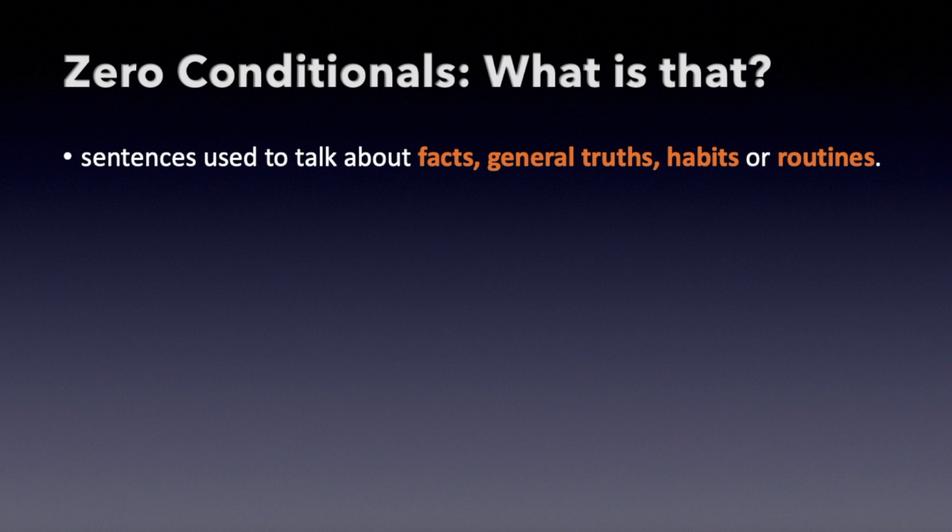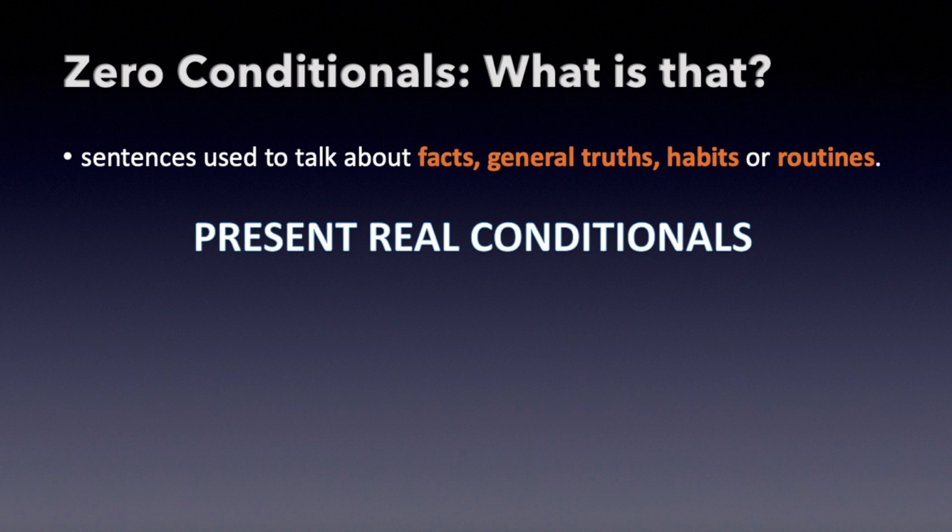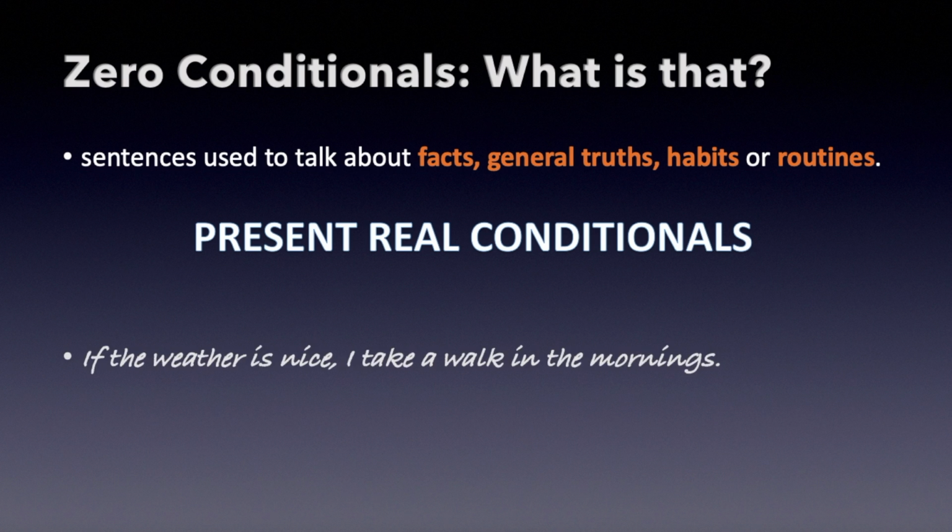Zero conditionals are also known as present real conditionals, which means that we're talking about something that is true. It's always been true. I could be talking about the weather and say, if the weather's nice, I take a walk in the mornings. Actually, that sentence is more like talking about habits, which is another way we can use them.